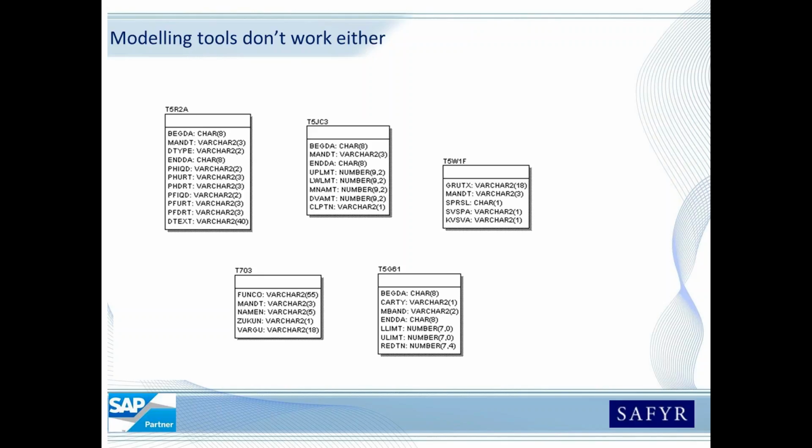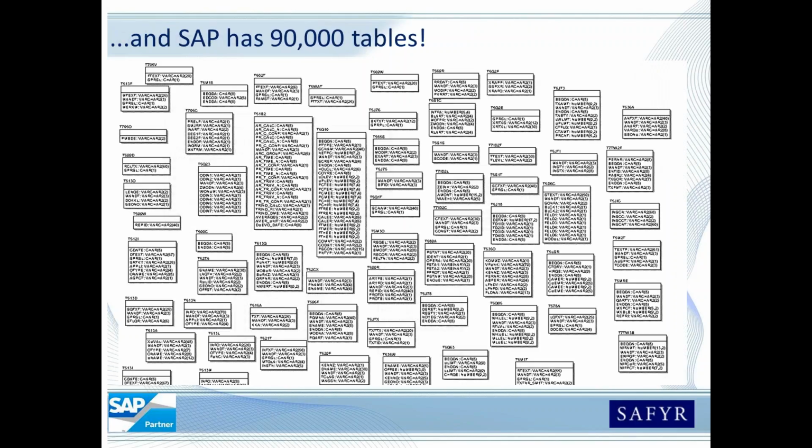The other problem, of course, is that SAP is a very large system. It has 90,000 tables plus, as I said earlier. So you would effectively have 90,000 pieces of information, none of which were particularly valuable, none of which would tell you exactly what was in there or how they were linked. And I would guess that any modeling tool would struggle to give you a view of 90,000 tables.